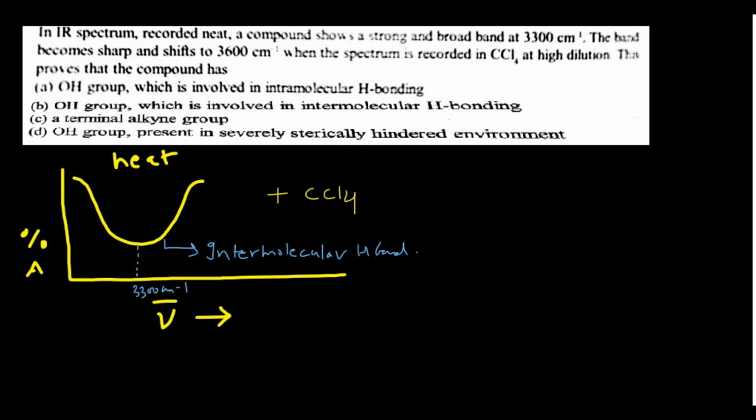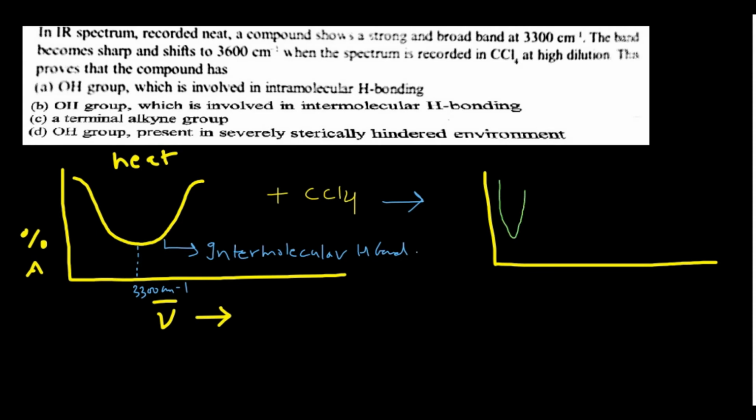Please remember. When you add this one and you dilute this sample, so the moment you dilute this sample, your spectrum would look like that. Say for example, now it will shift just like that.